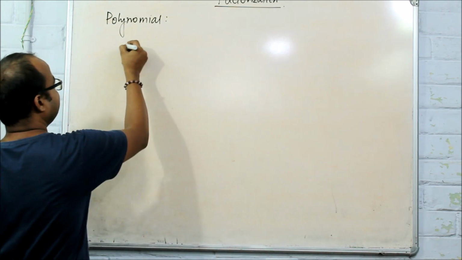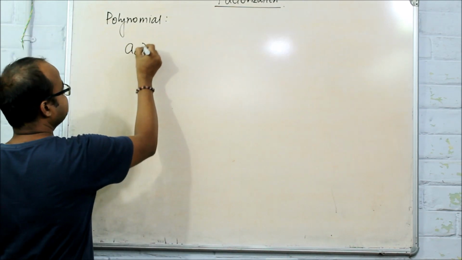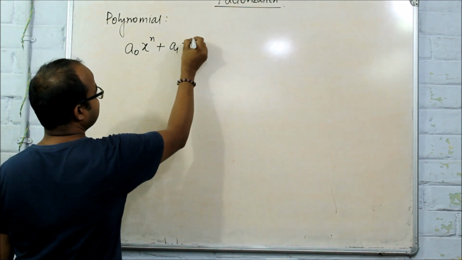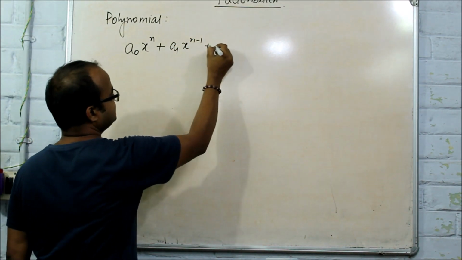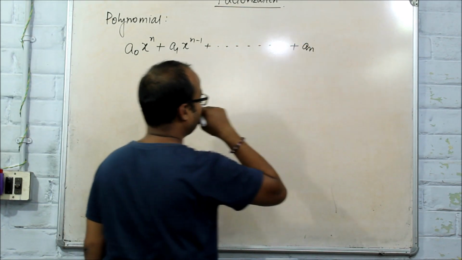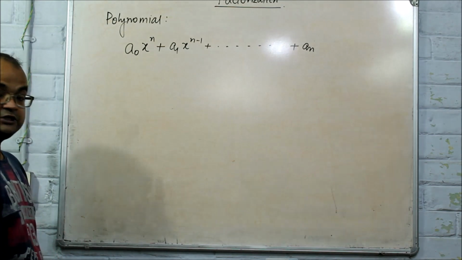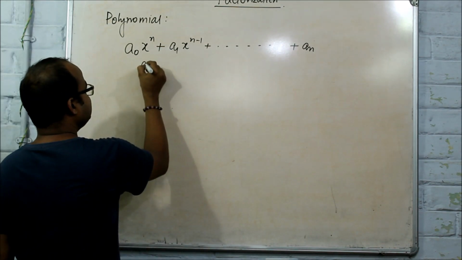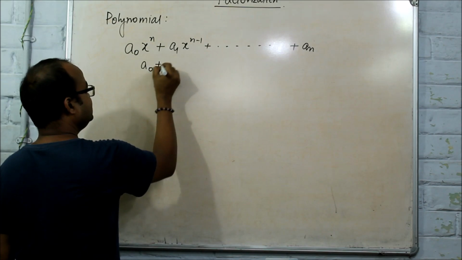The general form of a polynomial is a0 x raised to n plus a1 x raised to n minus 1 plus ... plus an. So this is a polynomial where a0 is not equal to 0.